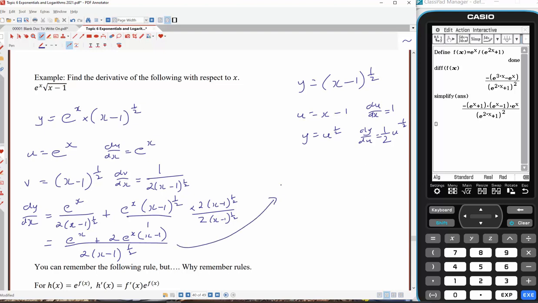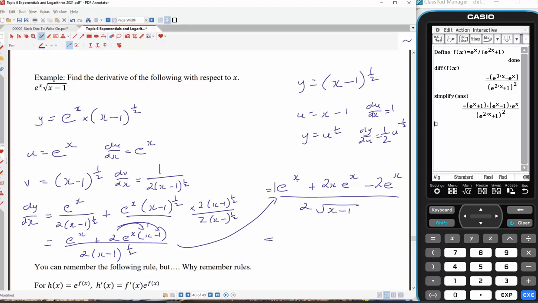Let's continue it over here. Now what I'm going to do is expand that. Should I expand it? Yeah, I reckon expand it. So e^x equals e^x plus 2x e^x, take away 2e^x. So I've just run the distributive law there and there, over 2√(x − 1).